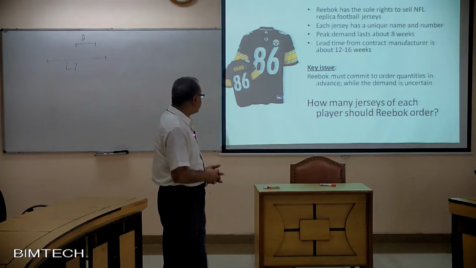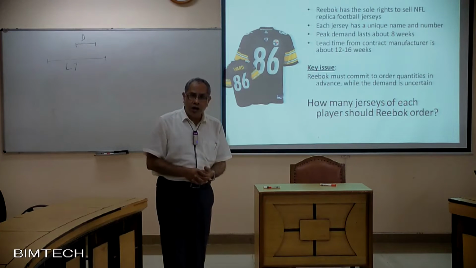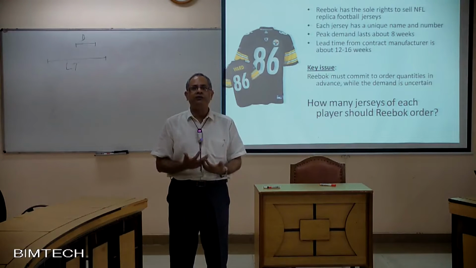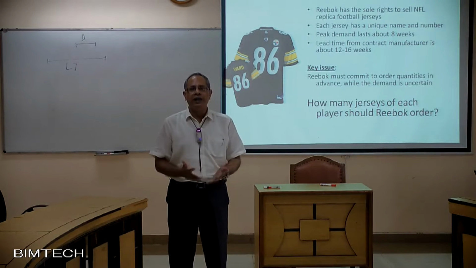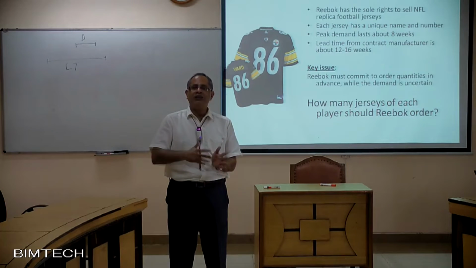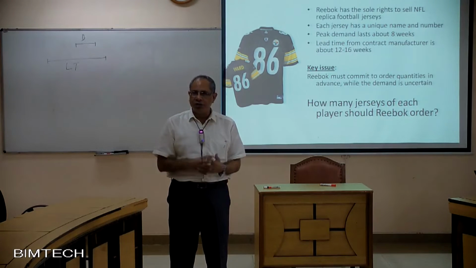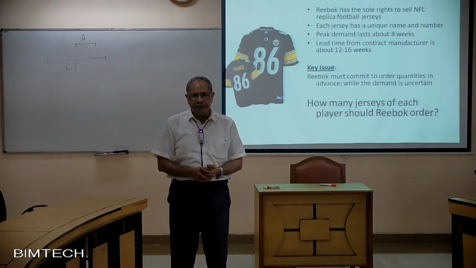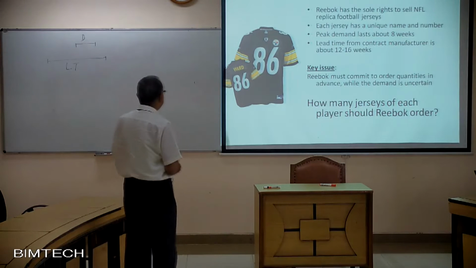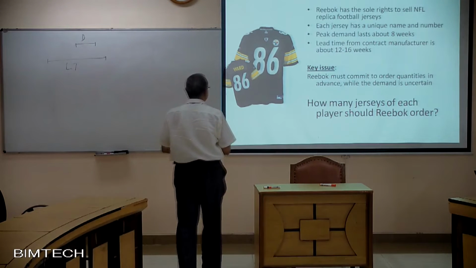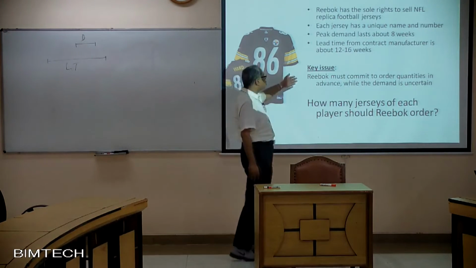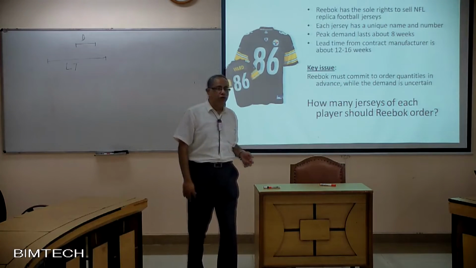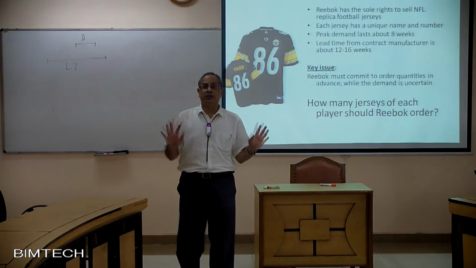Okay, which of course is much longer than the 8-week period for which the peak demand lasts, and therefore you can see the futility of ordering once the demand period has already started, because you'll receive it much after the demand has ended. Okay, so therefore, what is the key issue? The key issue is that Reebok must commit to order quantities in advance while the demand is uncertain.